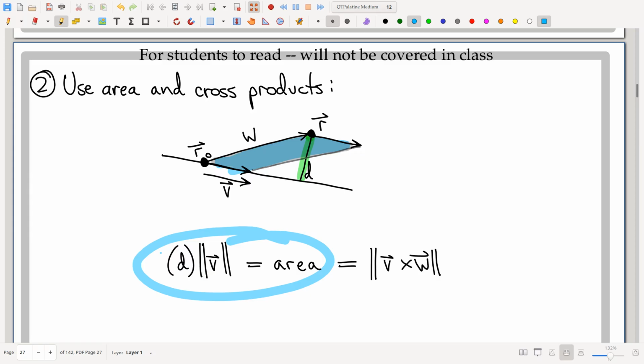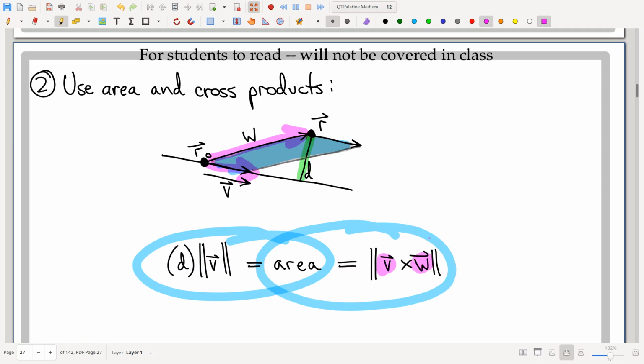Again, old news. And then I'm going to compute that area a different way. I'm going to recognize that that area is the magnitude of a cross product of these 2 vectors. Now that's a different computation of the same area.